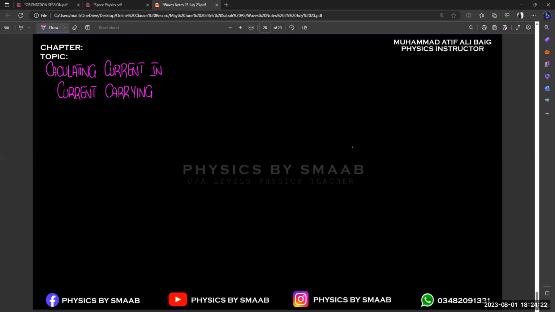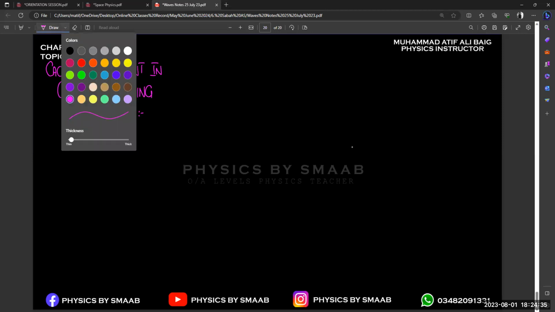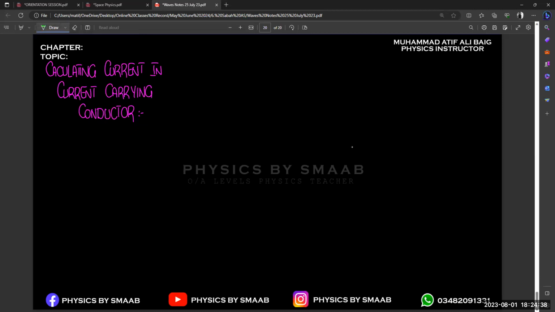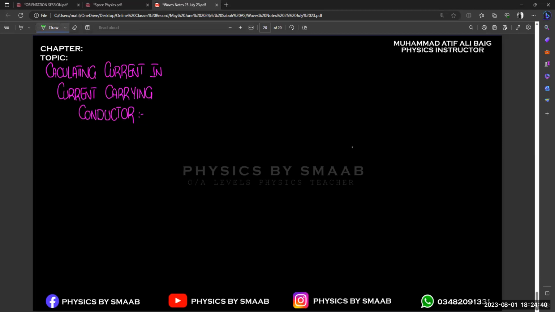We are studying only the electricity section in this AS, and then electromagnetism is going to be included in your A2. So that's why your AS and A2 are completely connected with each other. Your AS is very much important because this is the base for the next A2. So that's why AS is quite difficult as compared to A2.